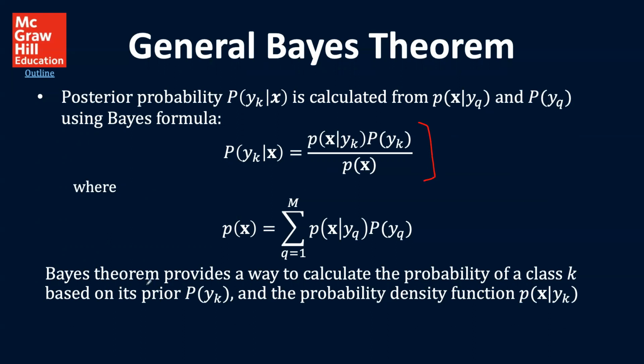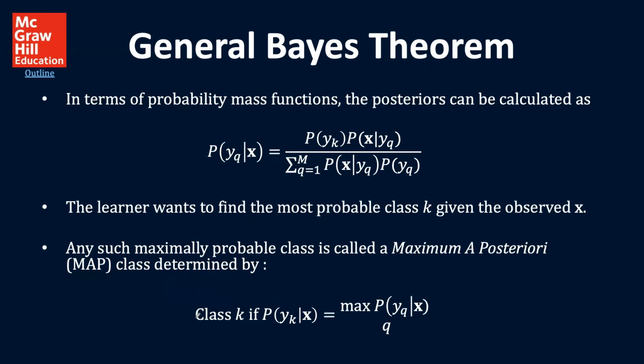Bayes theorem provides a way to calculate the probabilities of class k based on the prior P of yk and the probability density functions P of x given yk. In terms of the probability mass function, the posteriors can be calculated here. This is just building from the equations that we had used previously and introduced.